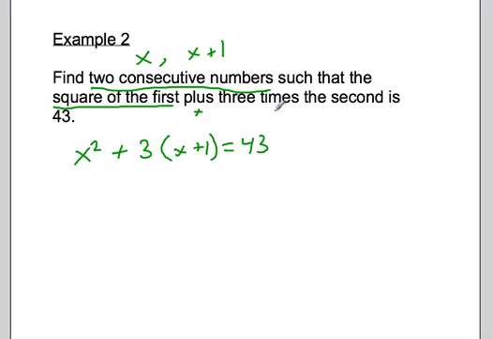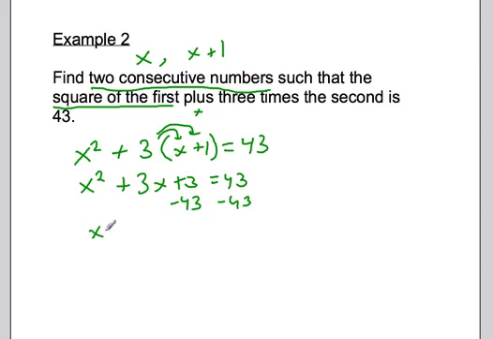So this may not look factorizable right now, but we can simplify and we'll be able to finish the problem. So we have x squared plus 3x plus 3, just distributing here, equals 43. And we want to get 0 on one side of the equation always when we're factoring quadratics. So we have x squared plus 3x minus 40 equals 0.